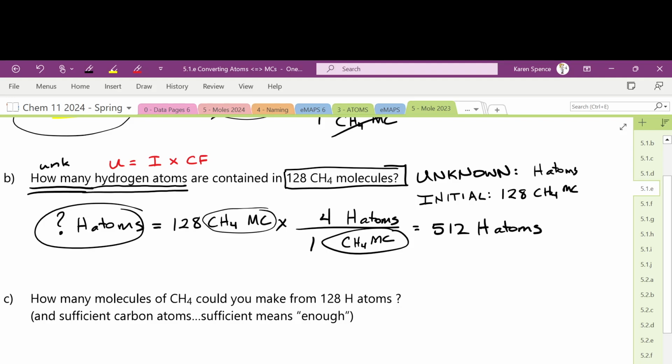Simplify this. That is one way of doing it, and it's perfectly good. And just multiply by 1 carbon atom over 4 H atoms, because that's another ratio as well. But yes, you can.